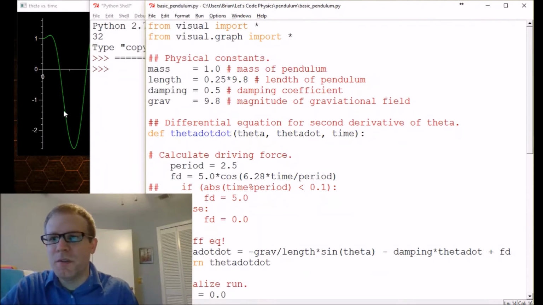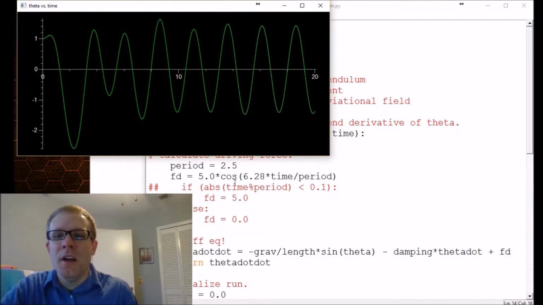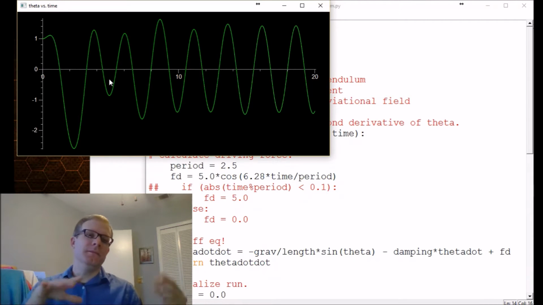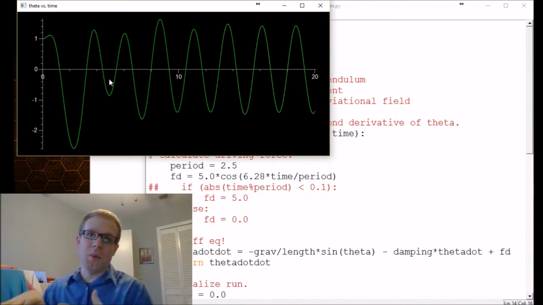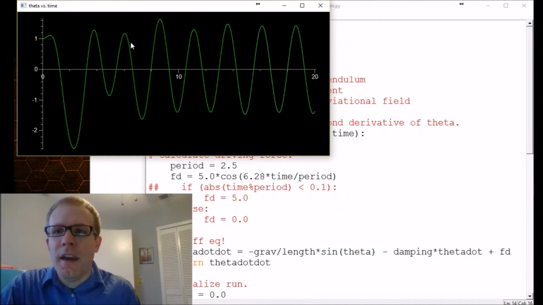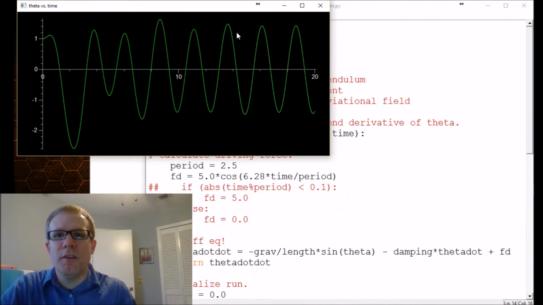So the driving force that resulted in this motion was this cosine function, where we picked a period of 2.5. Now, basically, when you start out with a damped driven pendulum, it starts out with the motion that you would have for the regular pendulum, but the damping force quickly takes away that initial energy that it had, and you end up with just the driving force dominating.